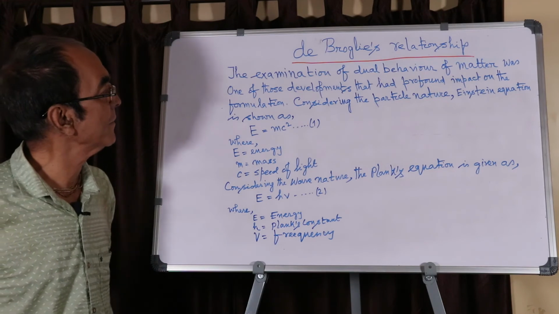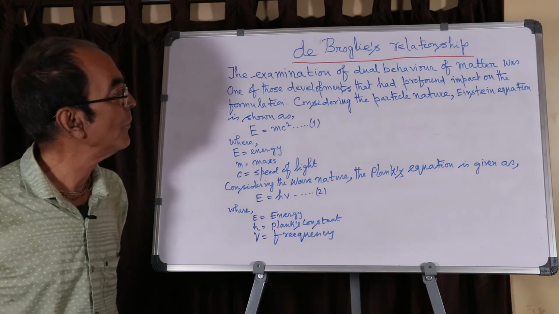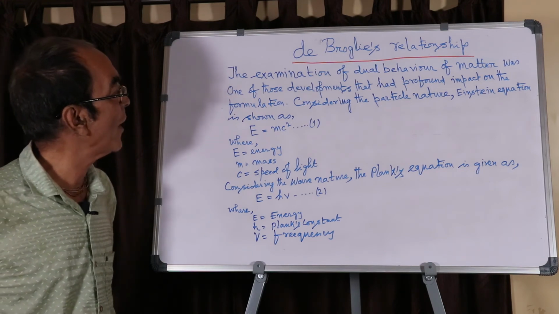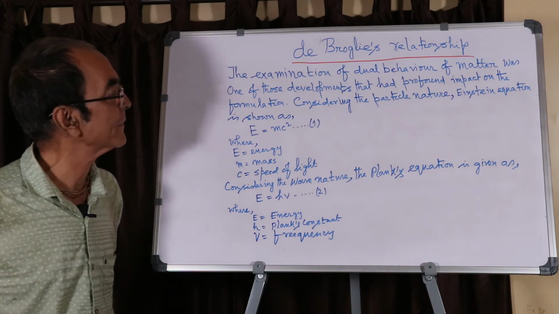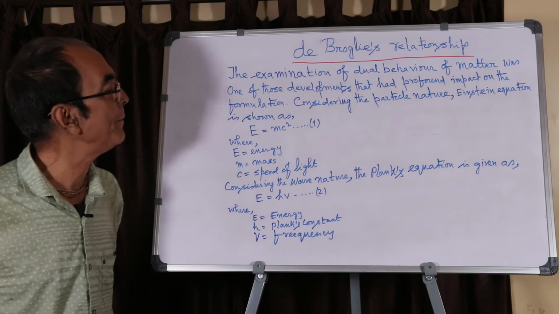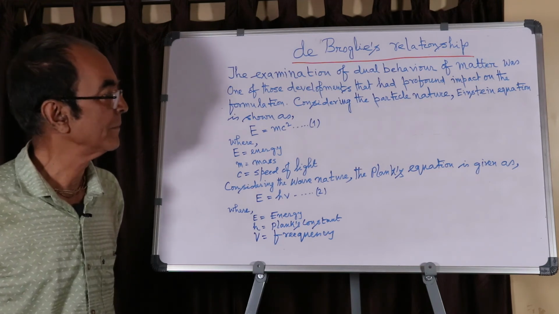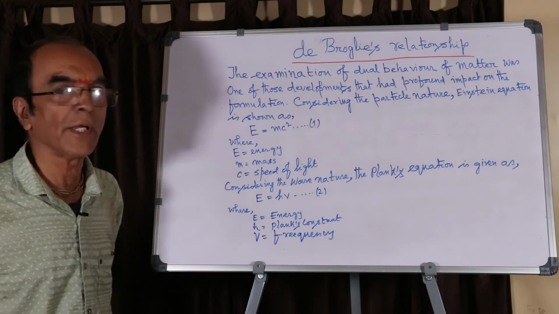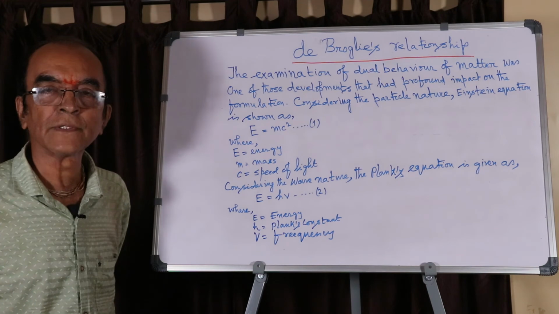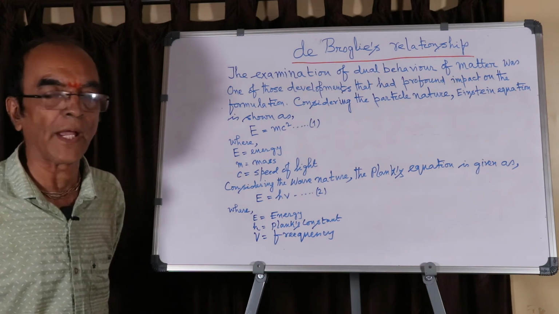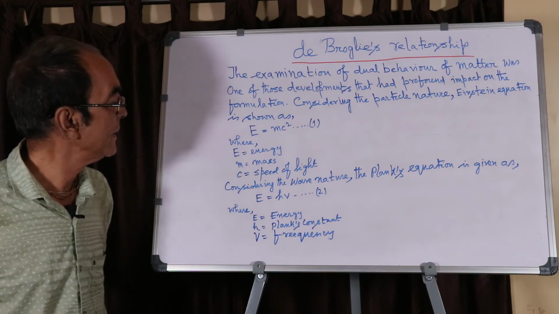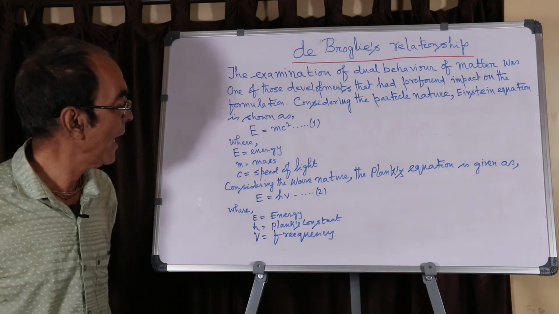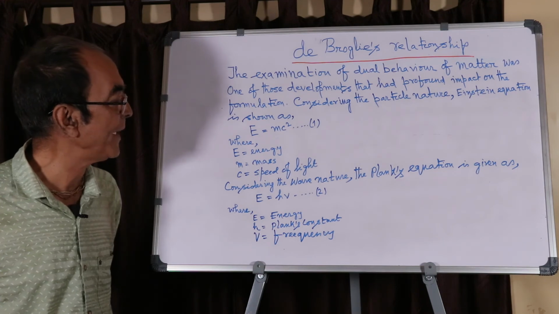de Broglie's relationship, the examination of the dual behavior of matter, was one of those developments that had a profound impact on the formulation. Considering the particle nature, Einstein's equation is shown as E = mc², where E is energy, m is mass, and c is the speed of light.